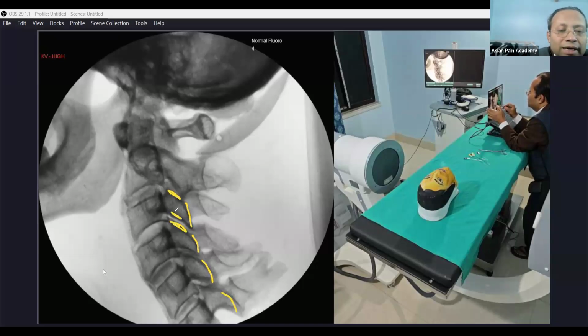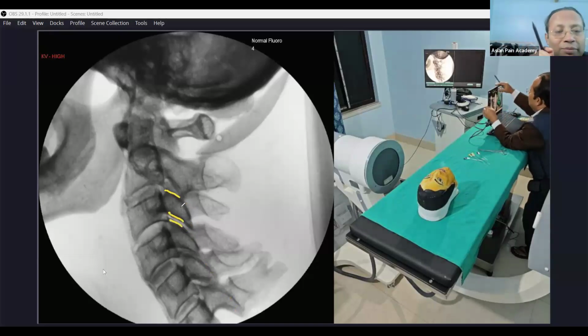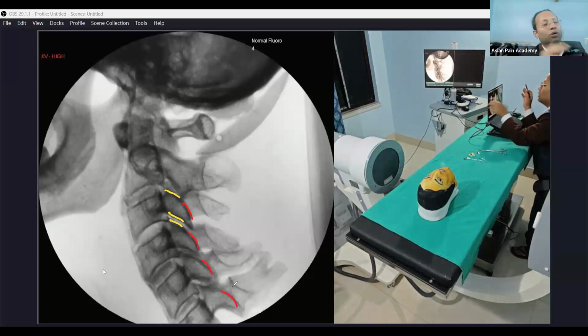So either the cranial-caudal lines may not overlap, may not become one clear line and may become two lines, or these other lines may become two lines instead of one. In what condition?